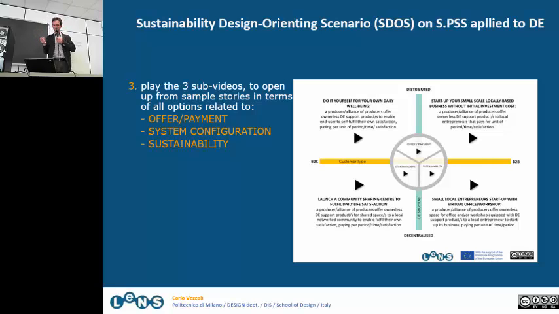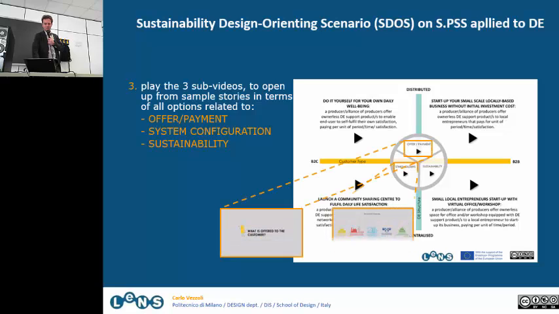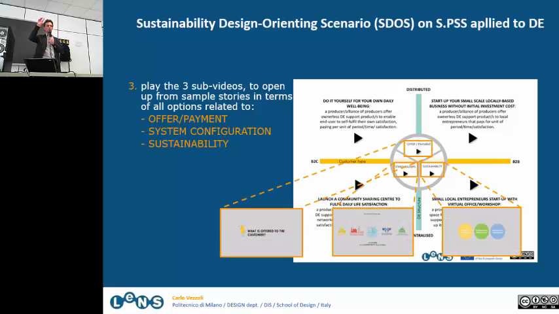So what are the different stakeholders? The modality of payment or the offer could be different, and what are the sustainability potentials and so on. So those sub-videos are provided in this tool. After watching the first 4, you can watch the other 3 sub-videos.